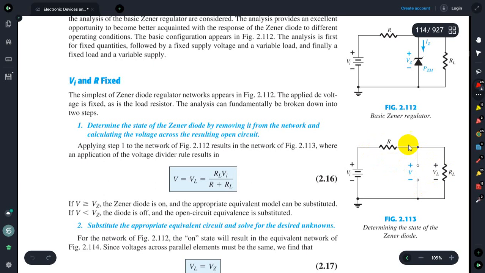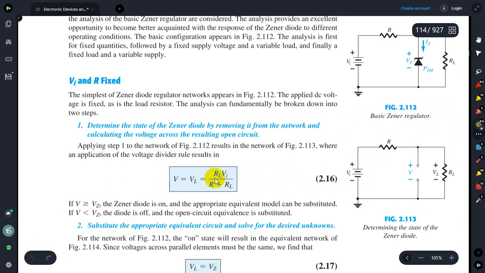We apply Kirchhoff's voltage law across this open circuit.